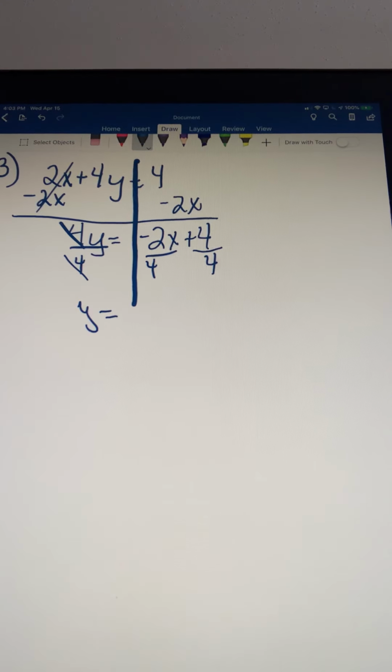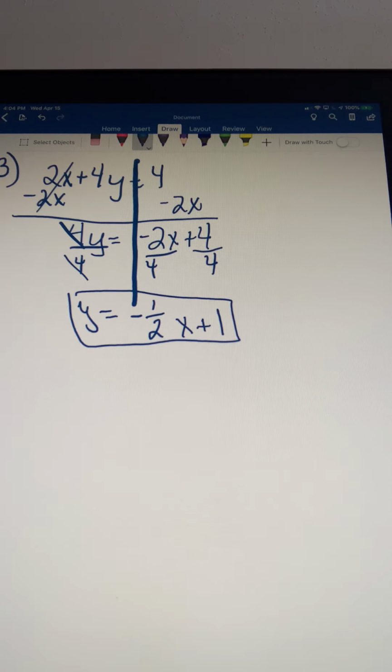It gives you a negative 1 over 2, then your x. 4 divided by 4 is a positive 1. So your equation of a line is y equals negative 1/2 x plus 1.